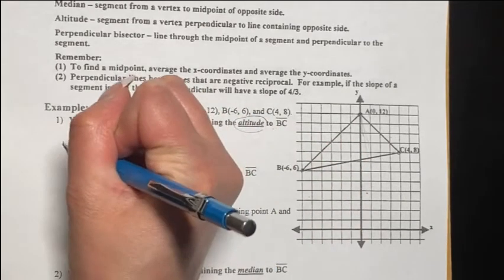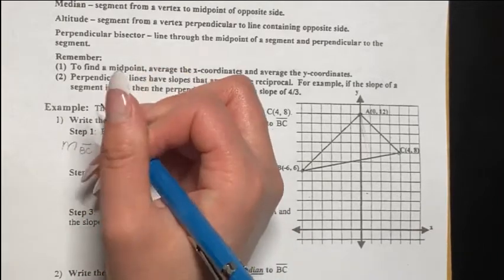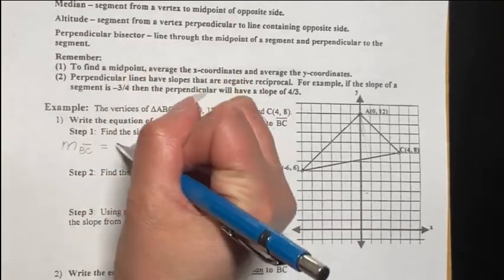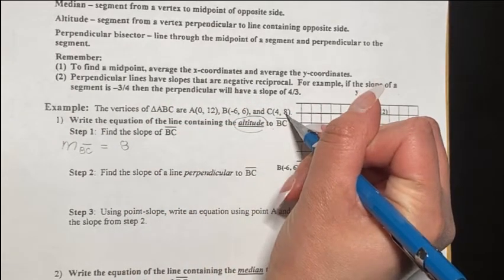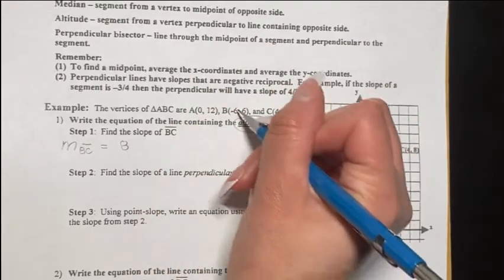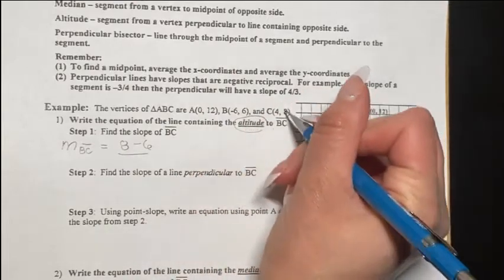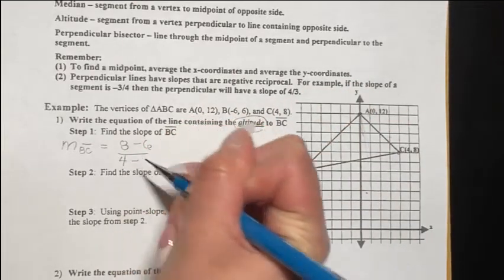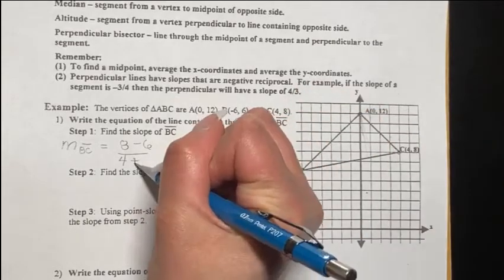We know that the slope of segment BC is equal to the y of C, y2, minus the y of B, 6, over the x of C, 4, minus the x of B, which is minus minus 6, so plus 6.